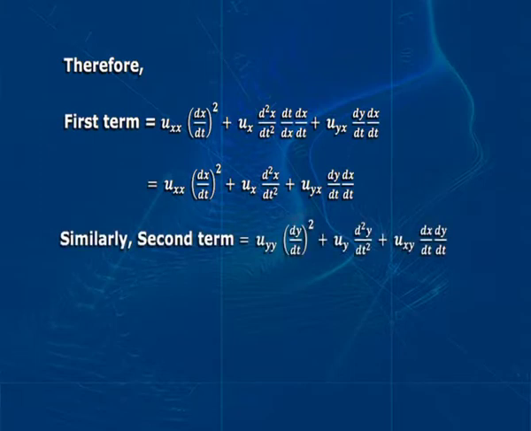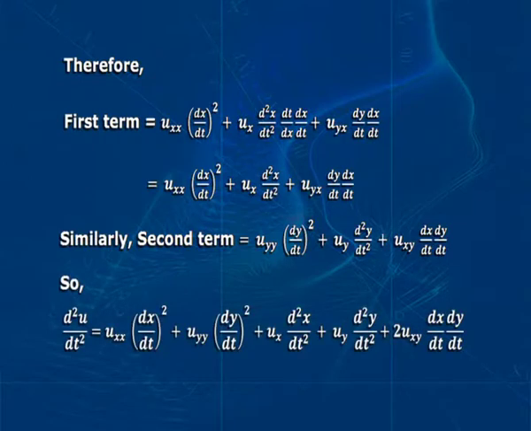Similarly, second term is equal to uyy (dy by dt) whole square plus uy d square y upon dt square plus uxy dx by dt into dy by dt.